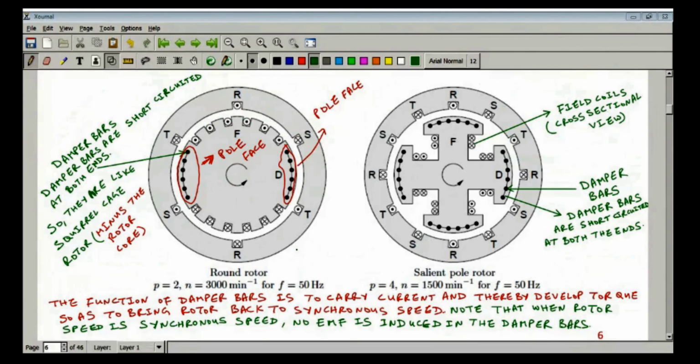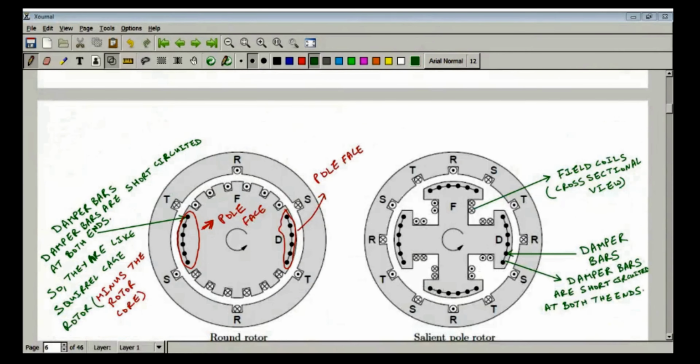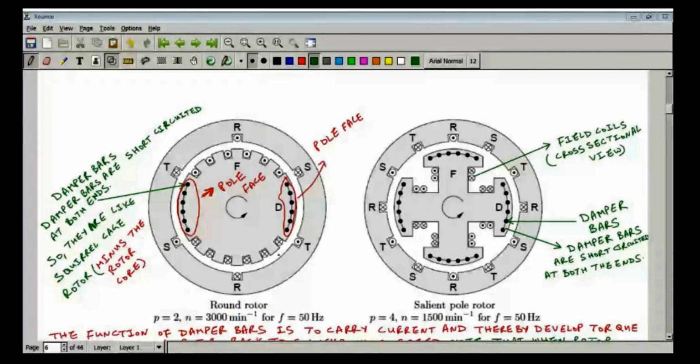So another function of the damper bars is to help in the process of starting. That is, we can take the help of damper bars for starting of a synchronous motor, because a synchronous machine can be operated in two modes: the generating mode and the motoring mode.